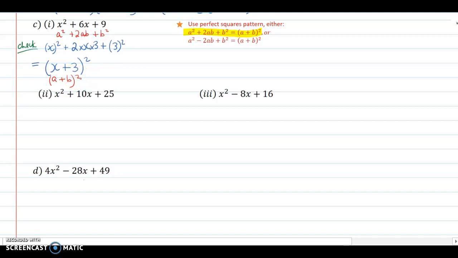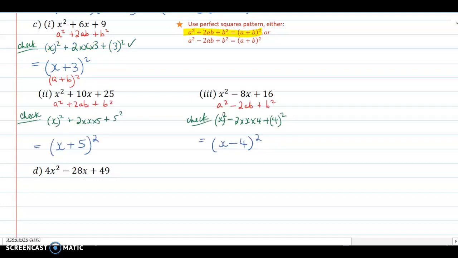Have a quick go at parts 2 and 3 yourself, and I'll check in a second. All right, so how did you go? Hopefully you did your little either mental check or you wrote it down, and you saw that it definitely was a perfect square.